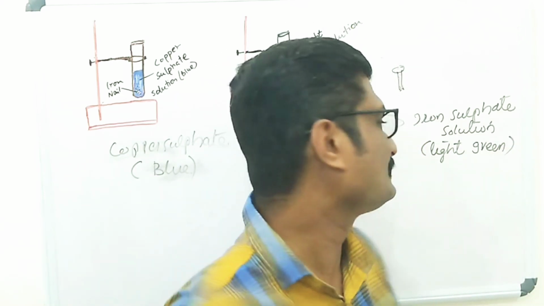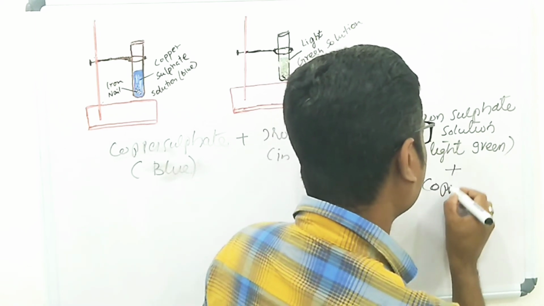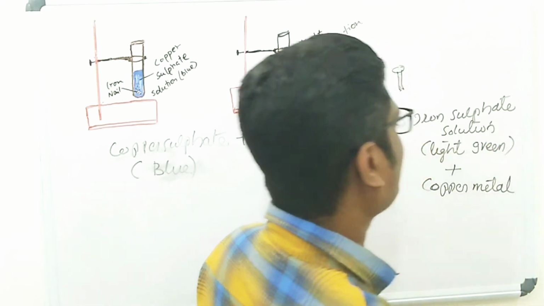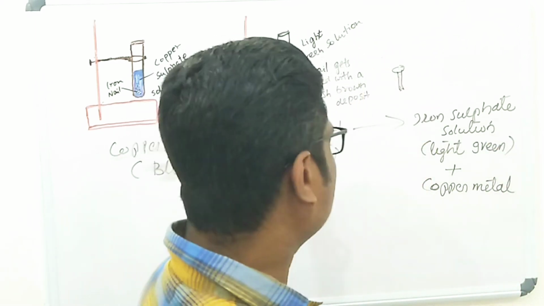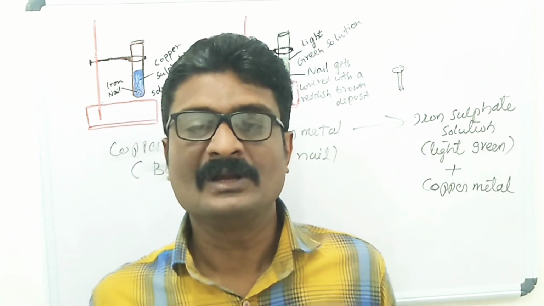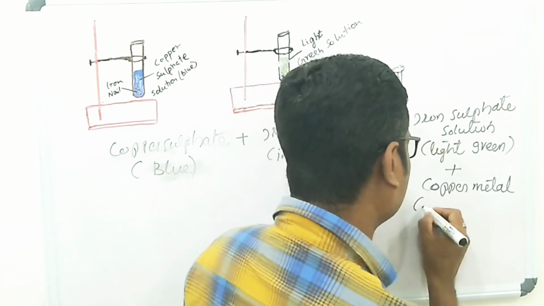And copper metal is the reddish brown deposit on the iron nail.